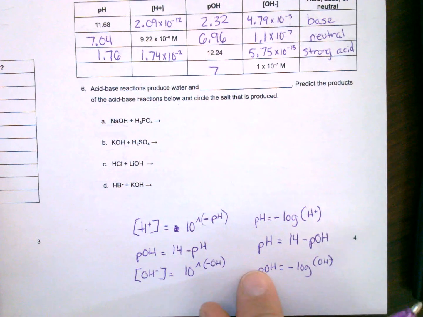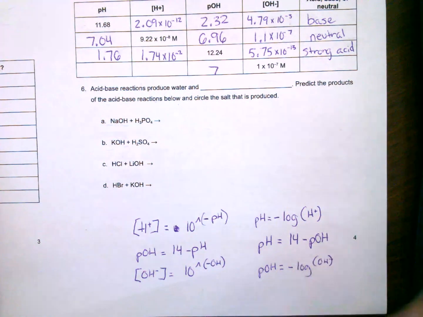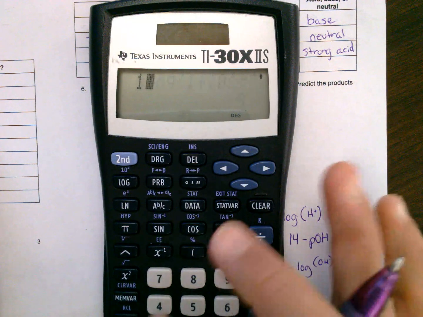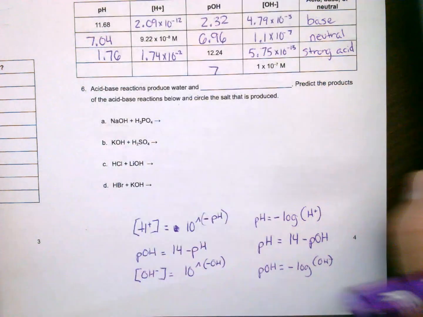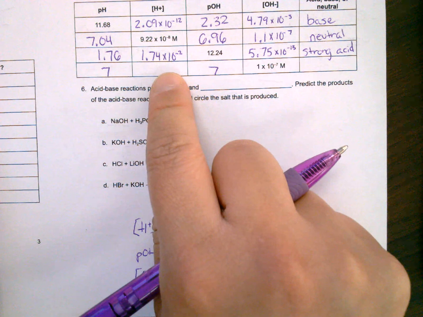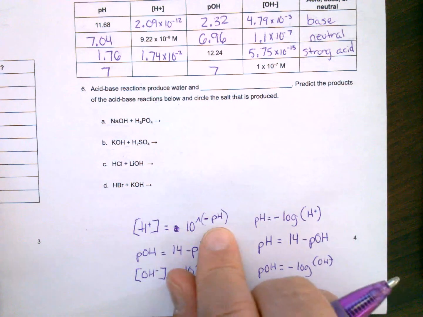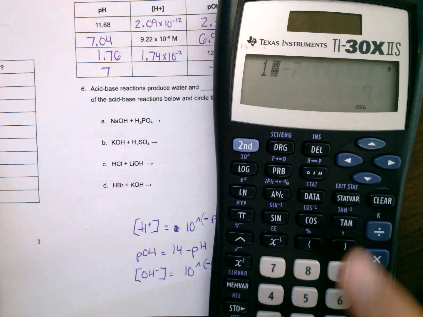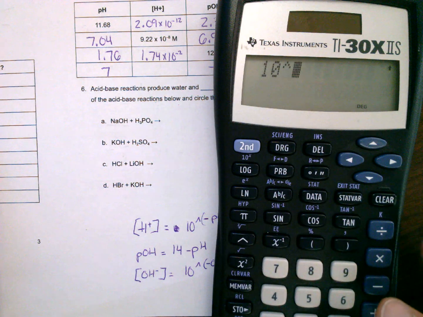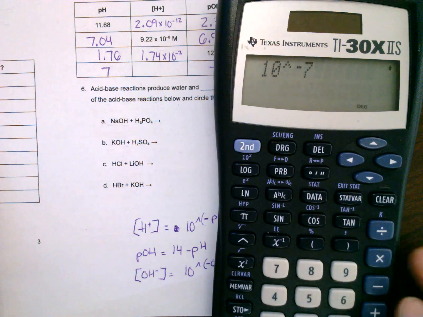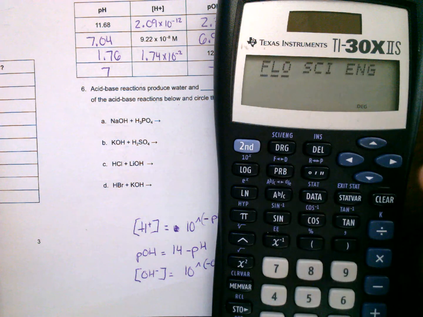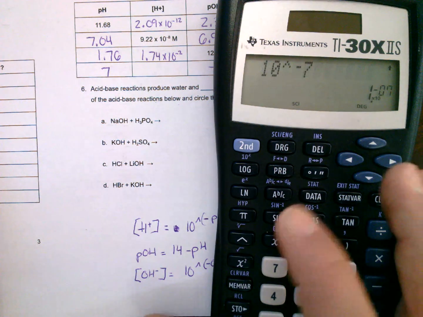Finding the pH, since we have pOH, again, we're going to do 14 minus pOH. 14 minus 7 is still 7. And then the hydronium ion concentration, we're going to use that formula, 10 with the caret negative 7. Change that back to scientific.